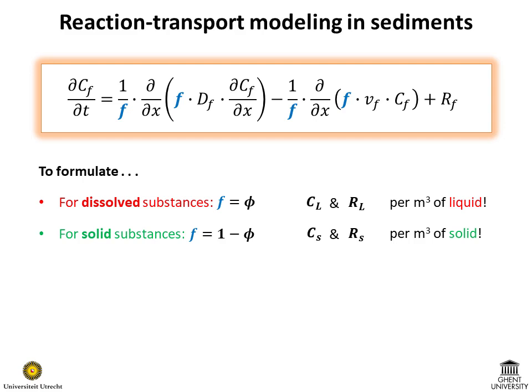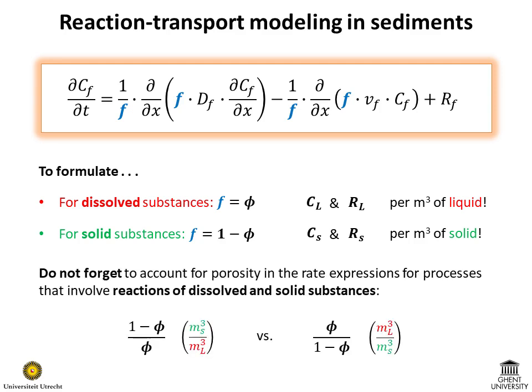If the substance is dissolved, the factor F is equal to porosity, and the concentrations and rates are expressed per cubic meter of liquid. If the substance is solid, the factor F is equal to 1 minus porosity, and the concentration and rates are expressed per cubic meter of solid.